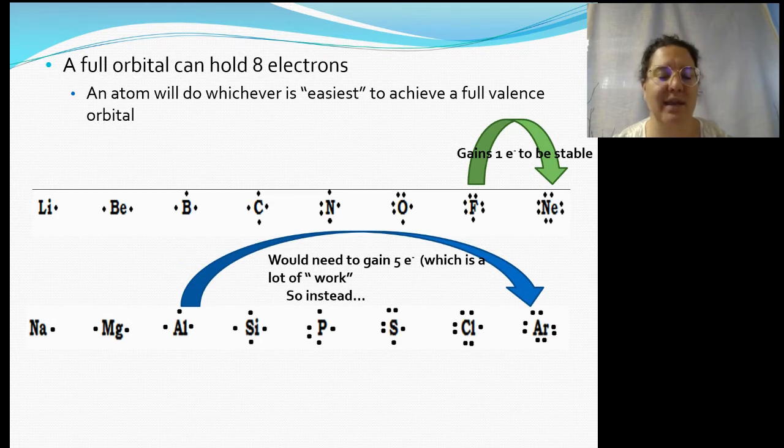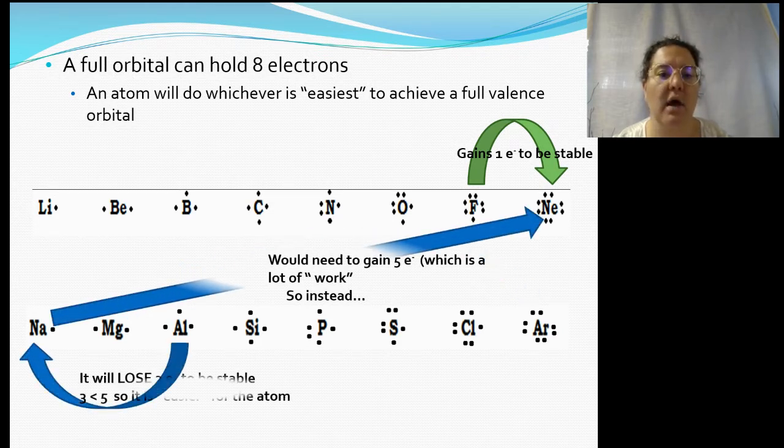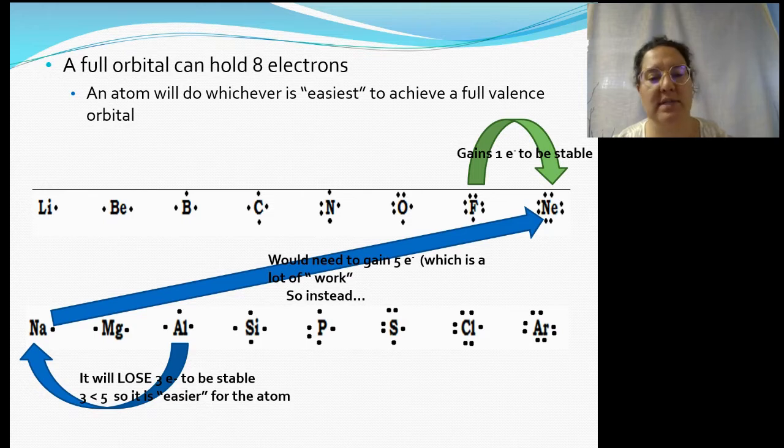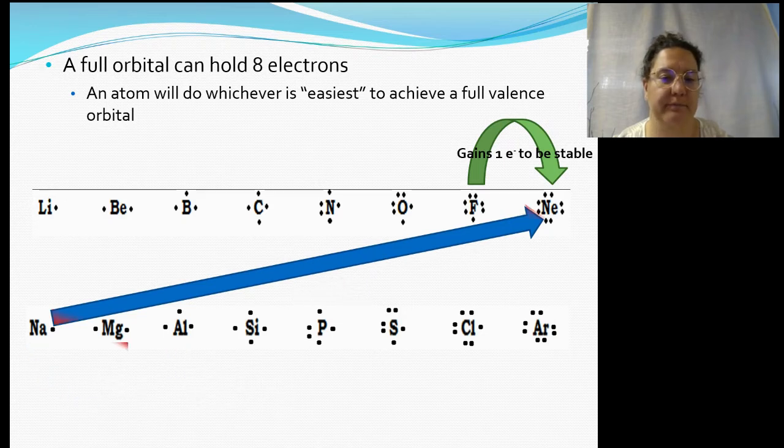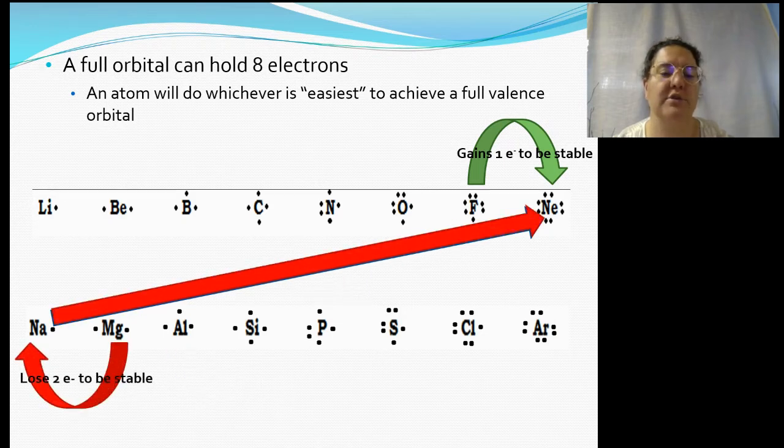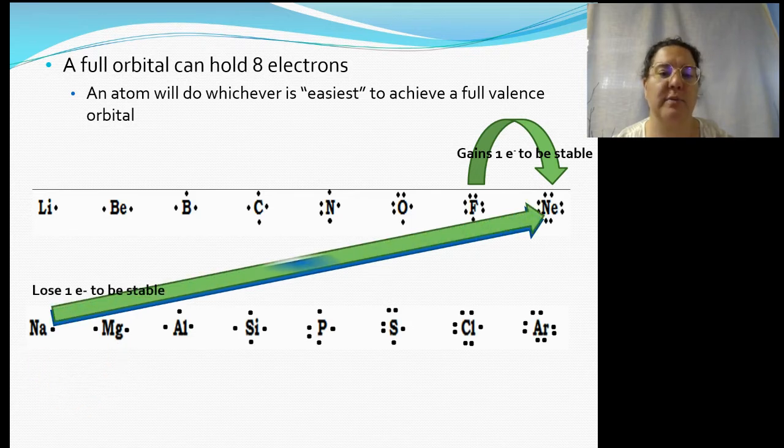So instead of gaining electrons, aluminum is going to lose 3 electrons to become more stable. So if an atom has 3 or fewer to gain, it will do that. If it has 5 or more to gain, it's typically going to lose electrons to become more stable. So magnesium is going to lose 2 electrons, and sodium is going to lose 1 electron to become more stable.